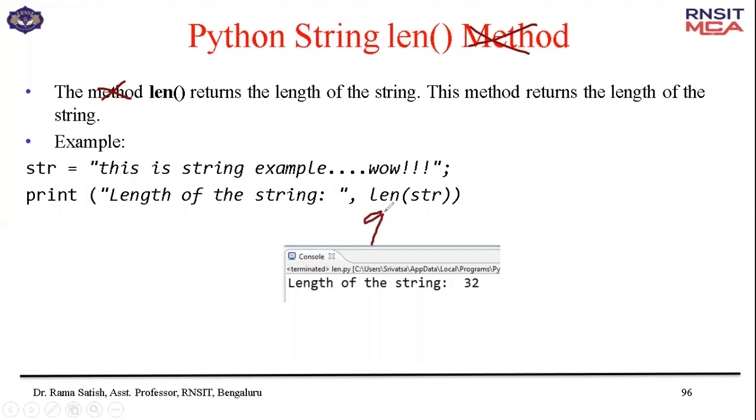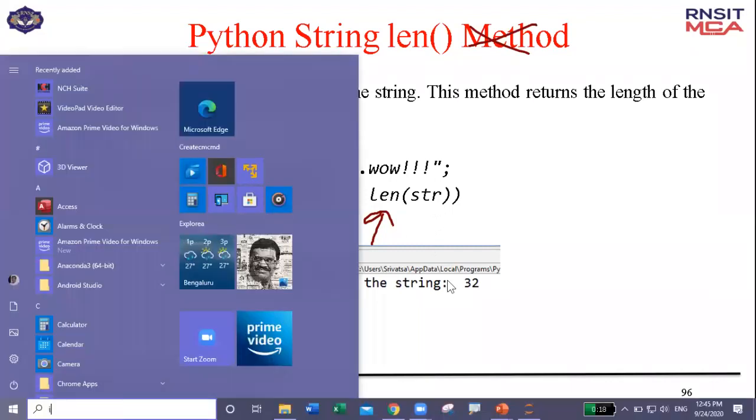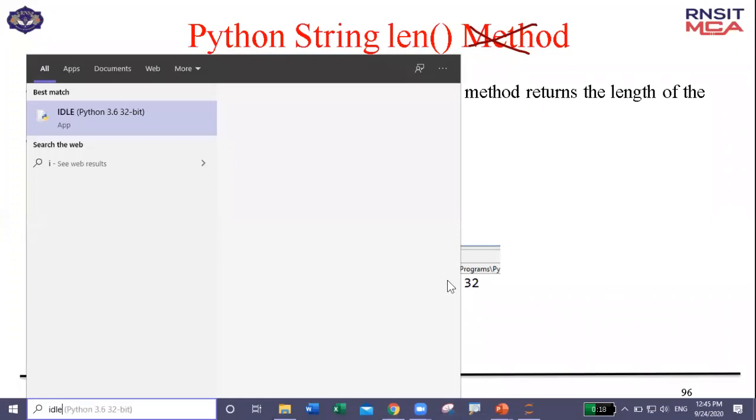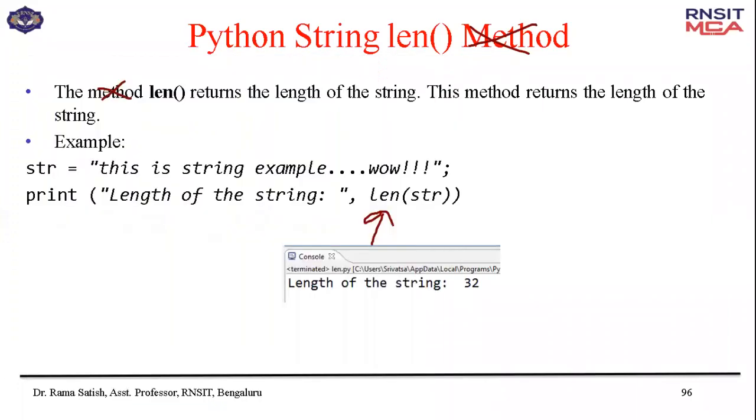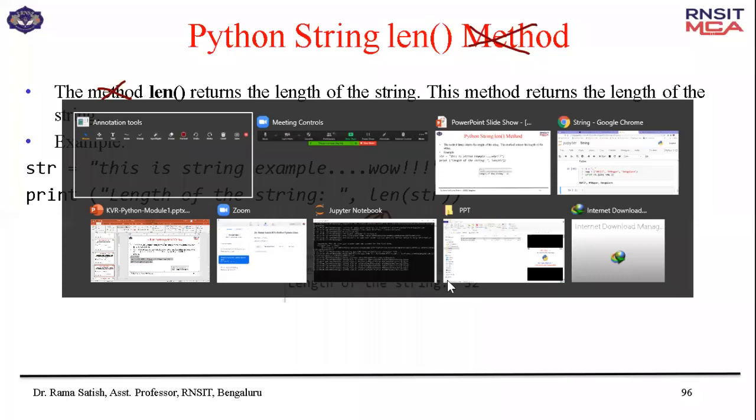I think you all know, if you run IDLE and list all the built-in functions, len is also a built-in function. It will find how many characters are there in that particular object.